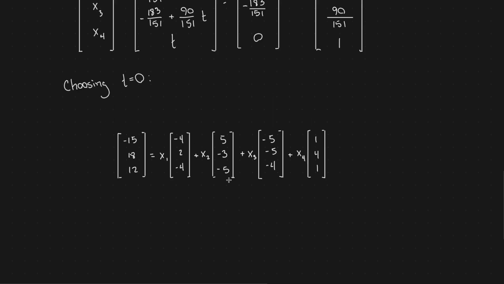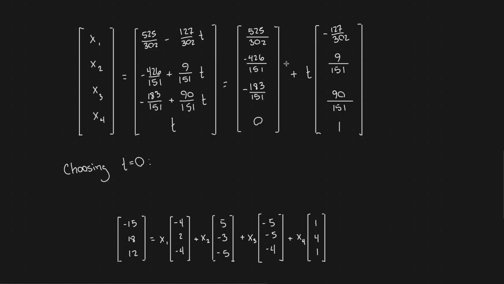Okay, so what we're going to do, if I'm choosing t equals 0, then x1 would become 525 over 302, right? If t is 0, then this term would just go away. So x1 is 525 over 302. x2, again, I'm choosing t equals 0. So if t equals 0, x2 is just going to be negative 426 over 151. This term is just 0 times 9 over 151, which is just 0.